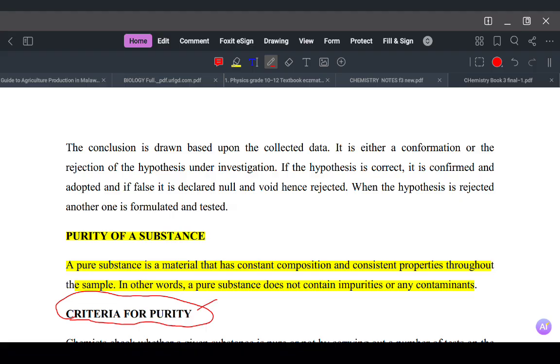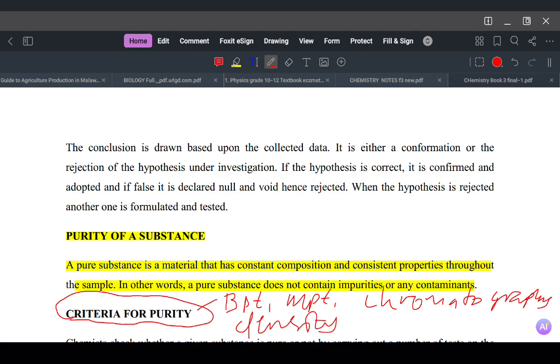All right, in this case, we use what is called boiling point. You can use melting point. You can use chromatography to tell if a substance is pure or not. You can also use density determination, among others. All right, so this is going to be a lesson for next time.